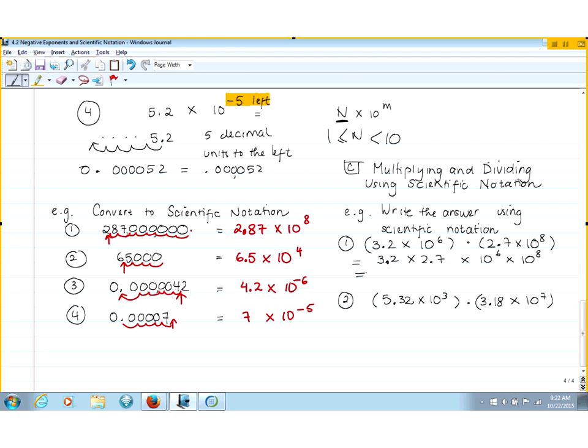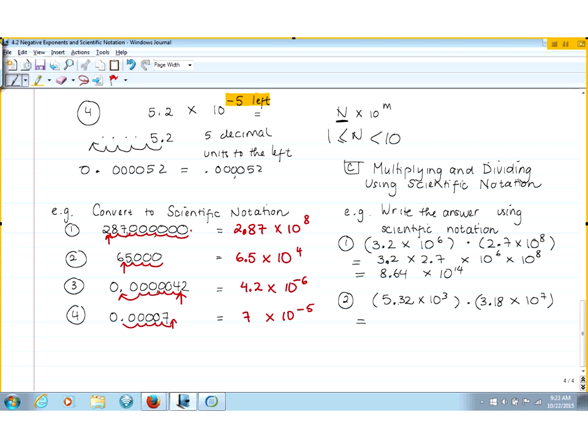Now you need to use your calculator here. 3.2 times 2.7 is 8.64. What about the 10 to the what? What do we do to the exponents? You add them, so 6 plus 8 is 14. If you multiply two numbers with the same base, we add the exponents. 8.64 times 10 to the 14.